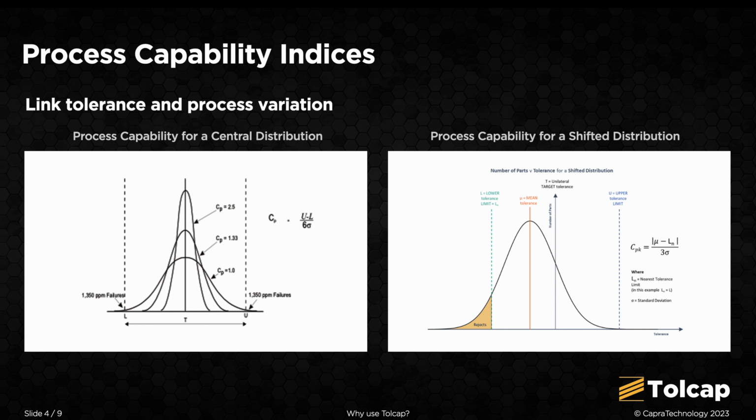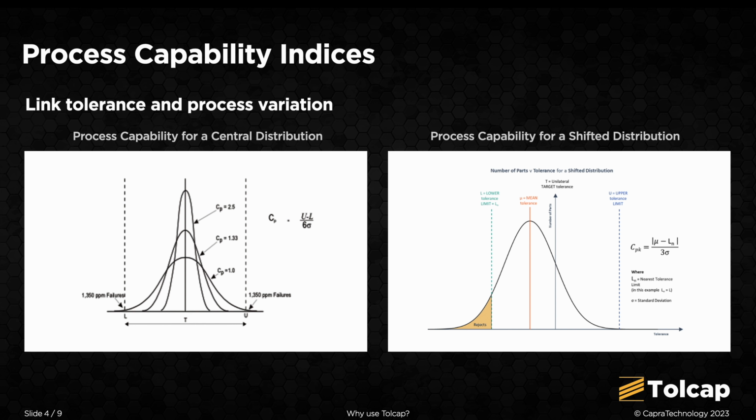CP assumes that the mean or average size of the dimension is equal to the nominal on the drawing, whereas CPK takes into consideration that the mean value may not be at the centre of the tolerance band. To calculate CPK, work out the lesser of the upper limit minus the mean, or the mean minus the lower limit, and divide that by 3 sigma.